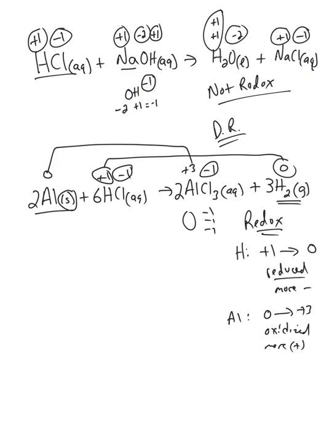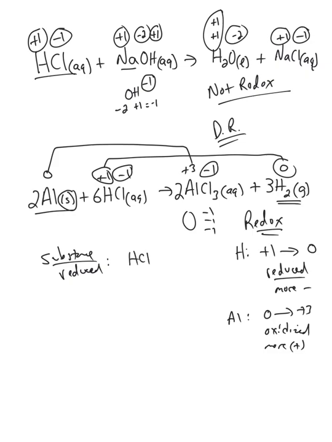So in a multiple choice question, I could ask which substance is being reduced, which substance is being oxidized. Okay? So if they say which substance is being reduced, the substance would be HCl.